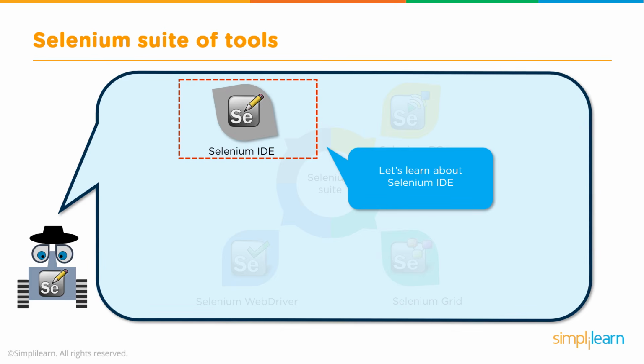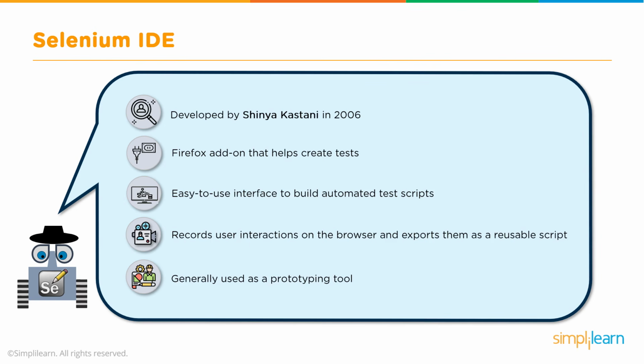Now let's look at each of the components in the Selenium suite. Selenium IDE is the simplest tool in the suite. It is nothing but an integrated development environment for creating your automation scripts. It has record and playback functionality and is a very simple and easy to use tool. It is available as a Firefox plugin and a Chrome extension, so you can use either of these browsers to record your test scripts.